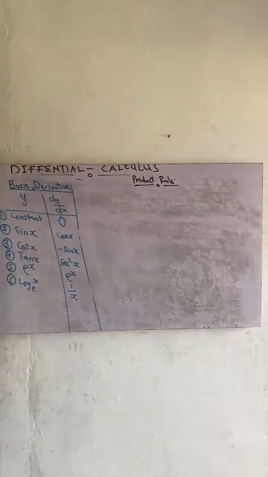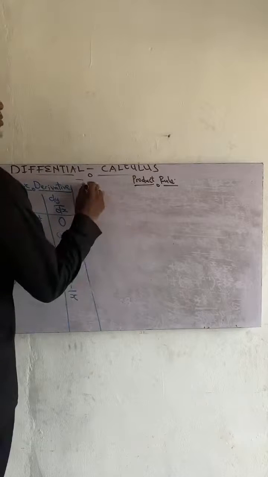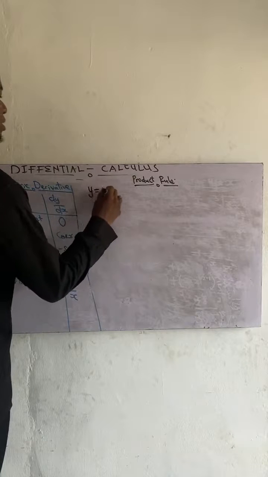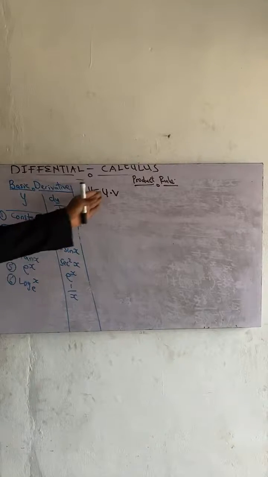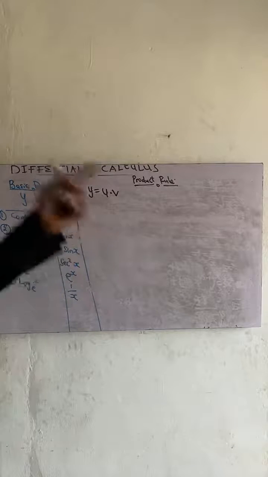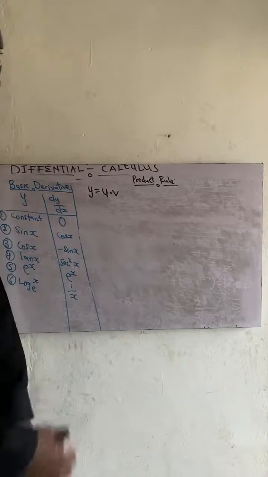So guys, what is product rule? We have to use product rule when we have an expression of something like this, uv. That is, we have a particular function connecting to another particular function by what? Products.